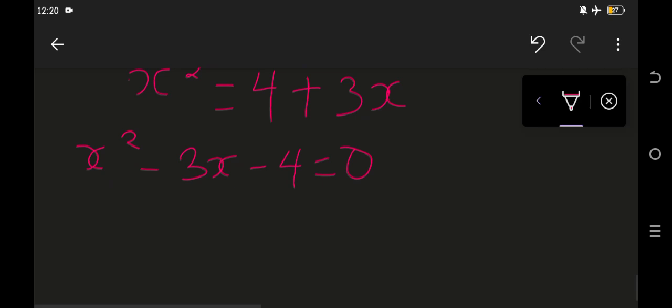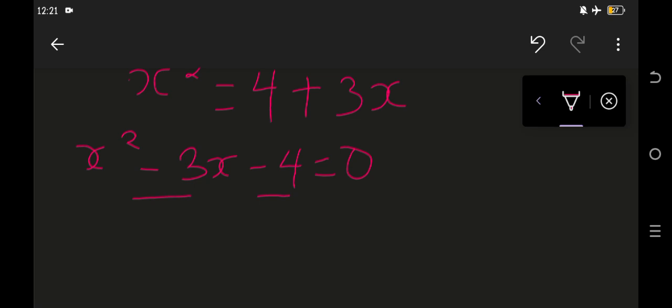This means that we have to factorize it. And before we factorize, we find numbers such that if you multiply them, you will get -4, and if you add them, you will get -3. These numbers are going to be -4 and 1. If you take -4 plus 1, you will get -3. And if you take -4 times 1, you will get -4.